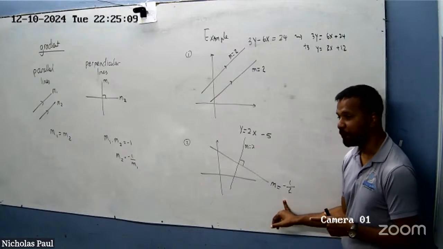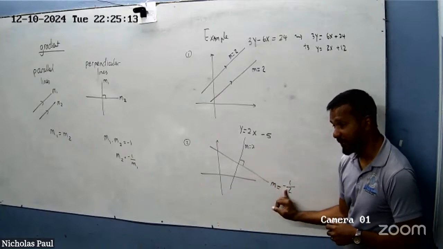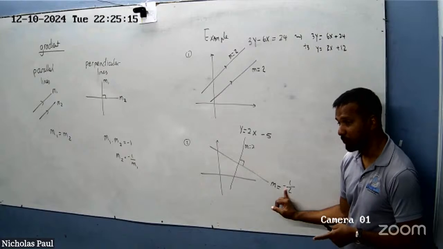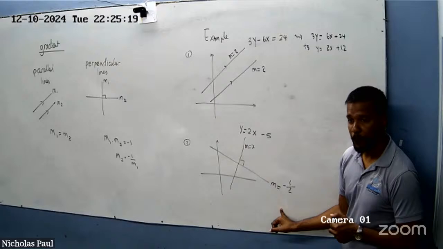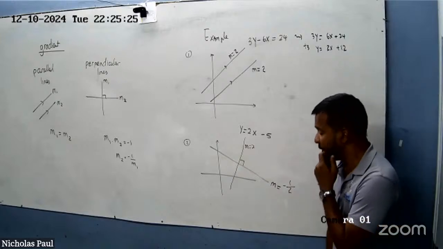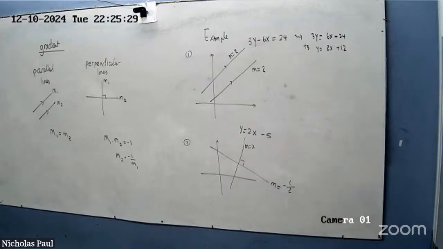What you do is flip this value over and change the sign. Are you okay with that? So that's the way you find the perpendicular gradient. I'm going to show you that because I did not give you that level yet.